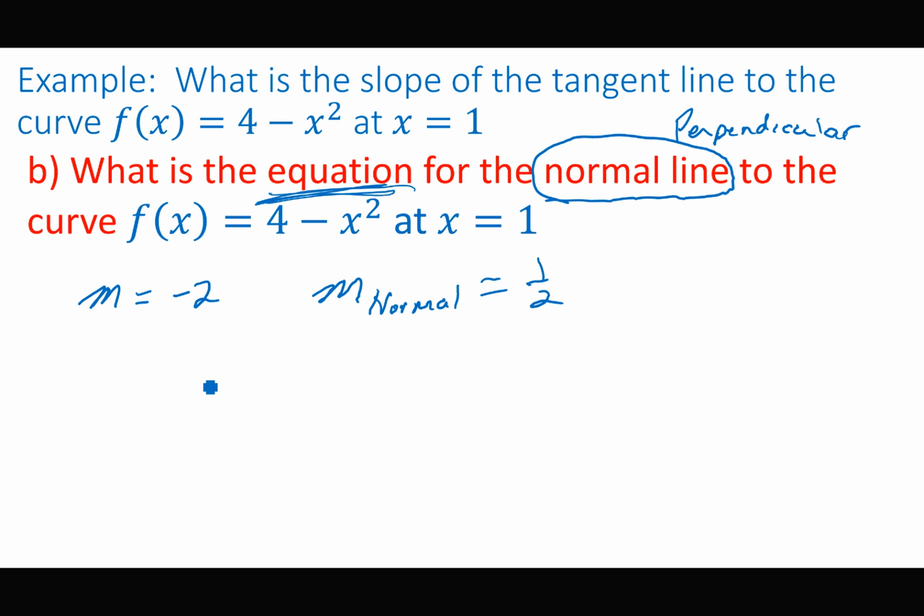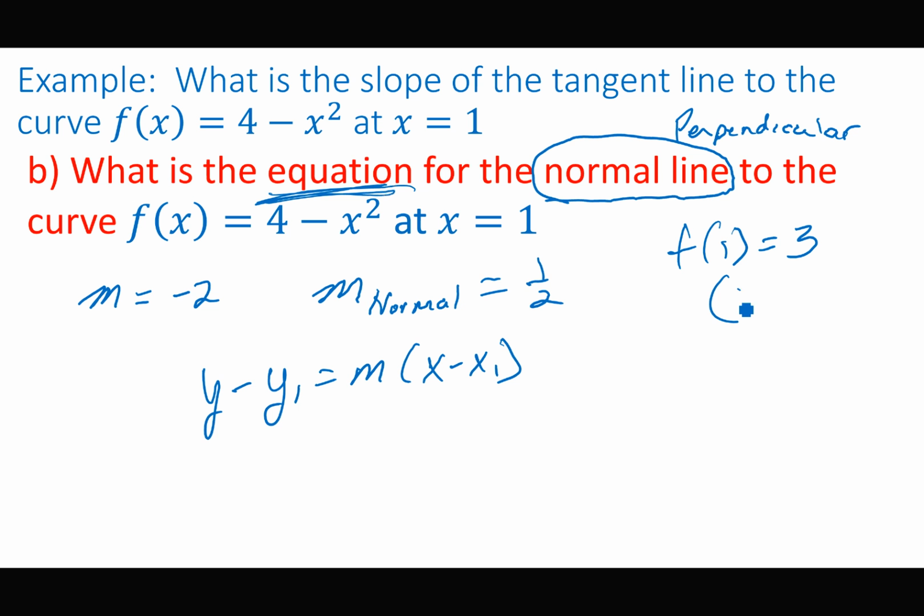Well, to create an equation, we could do a simple point slope form. y minus y1 equals my slope times x minus x1. Do I know an x and y point on this line, on the curve? We did that a minute ago when we figured out what f of 1 was. Remember we put in that 1 point? So f of 1 is 3.